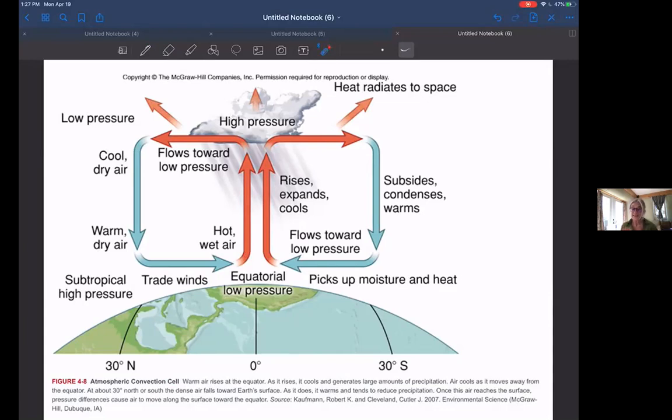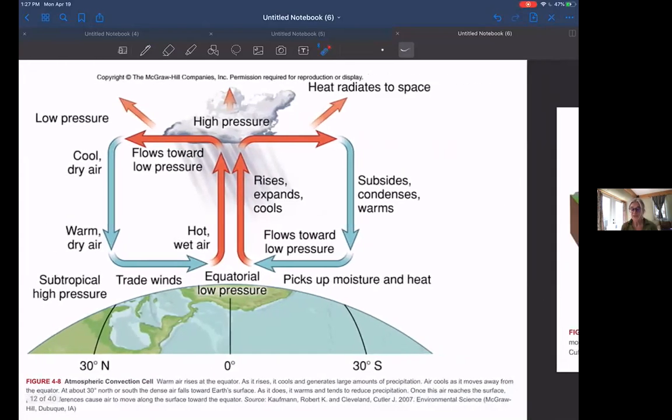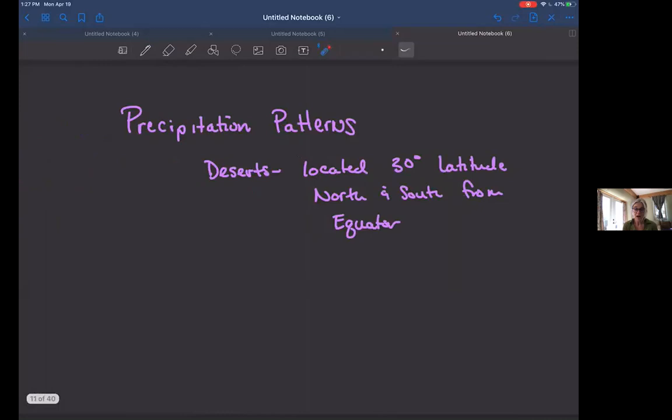So this explains some patterns of precipitation, but more locally, we also have a type of precipitation pattern. So this one is due to convection cells. We also see patterns of precipitation due to the landscape at a more finer level.